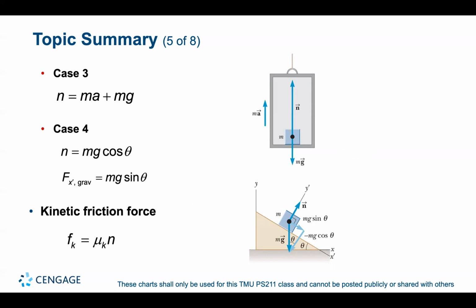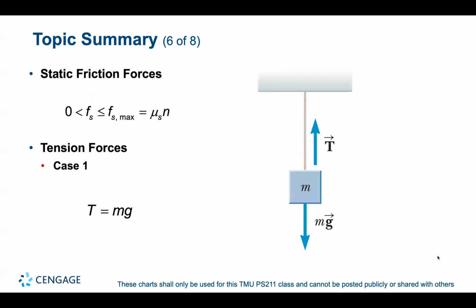In terms of kinetic friction forces, the magnitude of the kinetic friction force F sub k acting on an object moving on a surface is given by the equation here. Just a quick summary on those. For static friction force, the magnitude of the static friction force acting on an object at rest satisfies the inequality shown, where n is the normal force and mu sub s is the coefficient of static friction between the object and the surface.